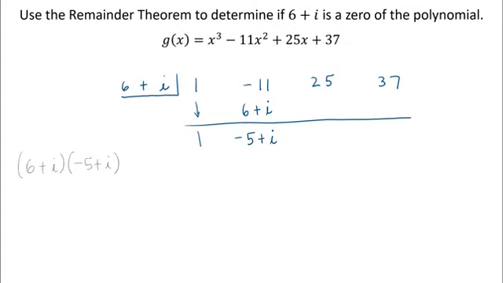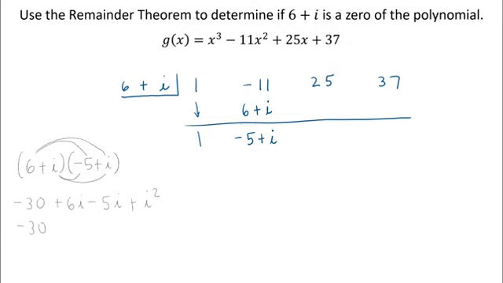And let's do that over here on the left. 6 times negative 5 is negative 30. 6 times i is 6i. Negative 5 times i is minus 5i. And i times i is i squared. Now let's simplify this and combine like terms.